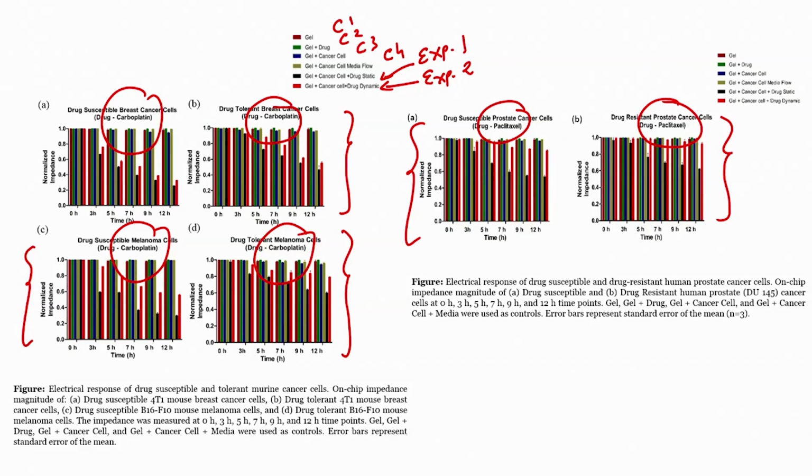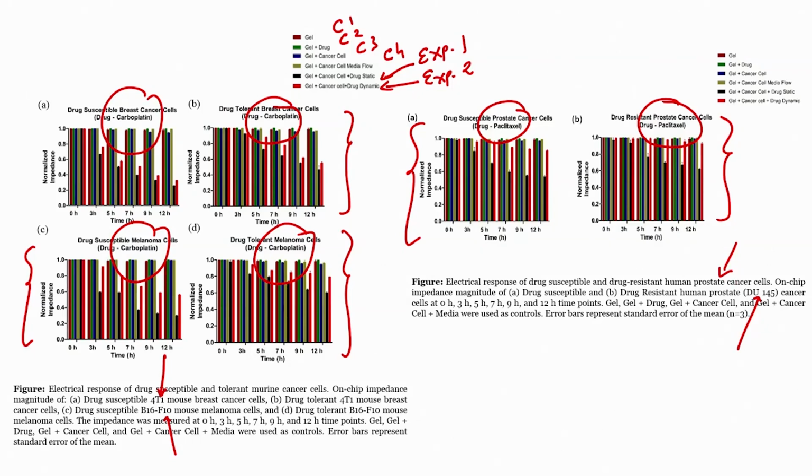For the present study these plots are obtained using 4T1 mouse breast cancer cells, B16 F10 mouse melanoma cells and DU145 drug resistant human prostate cancer cells.